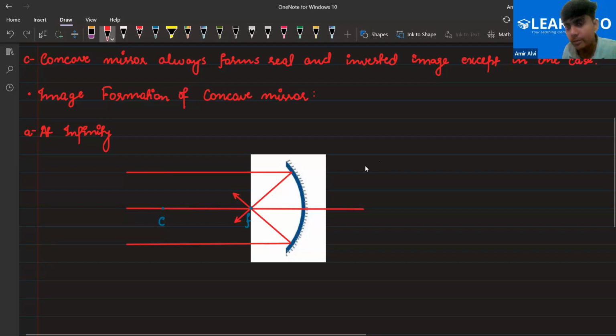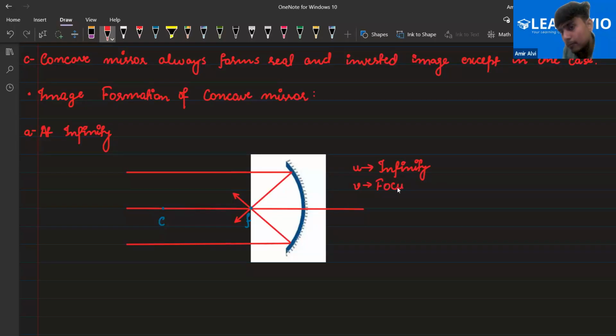So let's discuss it. Object distance is u, that is at infinity. And v is the image distance, that is at focus.